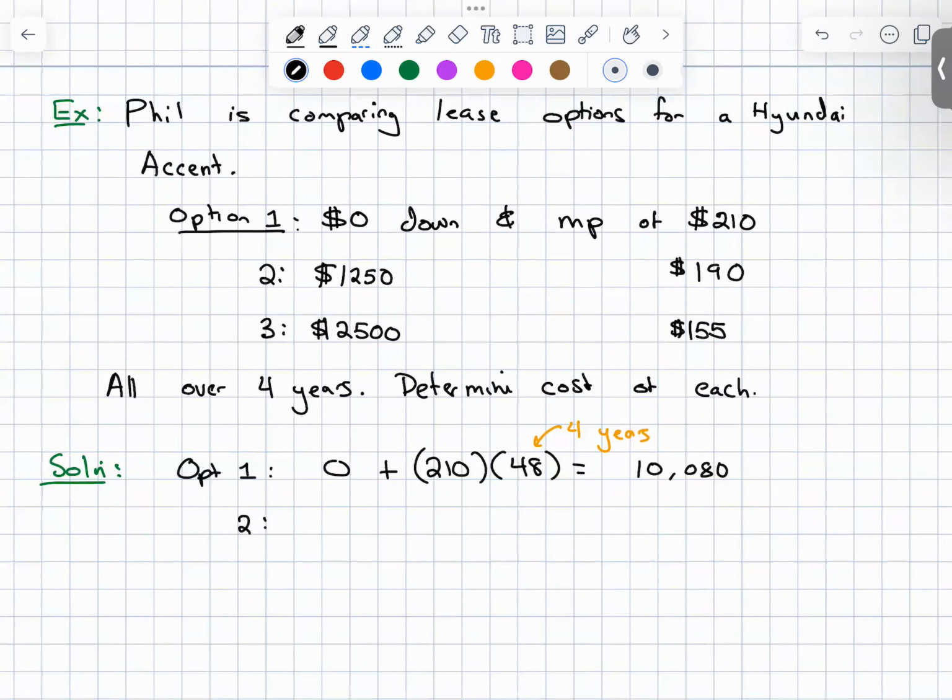Option 2 would be 1,250 plus 190 times 48, which ends up being $10,370. So it actually ends up being cheaper to put zero money down.